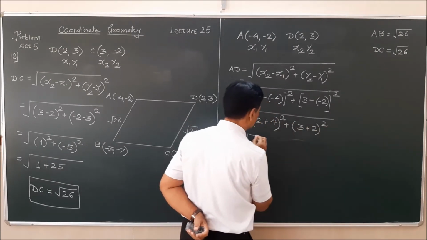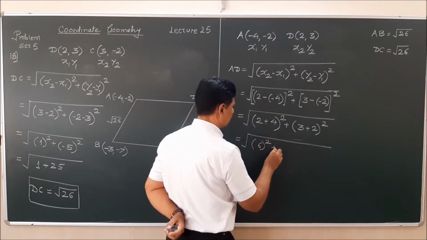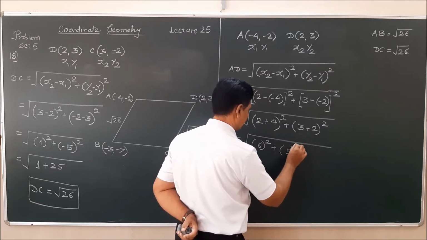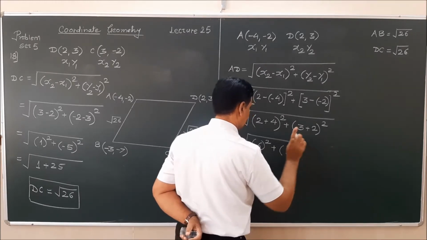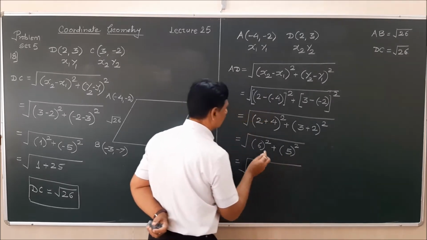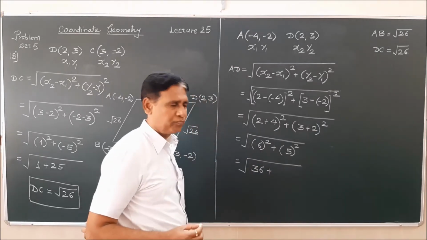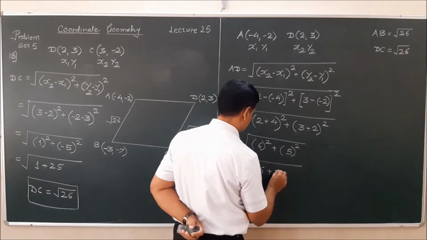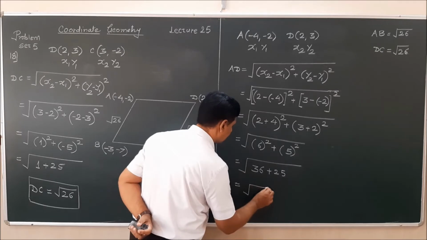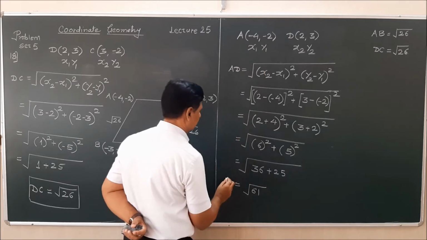Dear students, 4 plus 2 is 6, whole square, plus 3 plus 2 is 5, whole square. That gives us root of 36 plus, you all know, 5 square is 25. That gives us root 61. Length of AD.